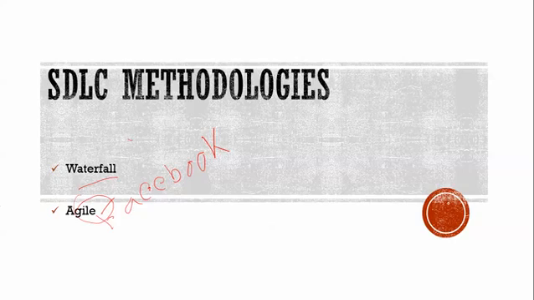So agile methodology divides that social network project into multiple chunks. Okay, so it takes that project and divides it into 5, 10 or 15 or whatever modules, and it develops the modules one by one, and each module is tested before it's considered completed.